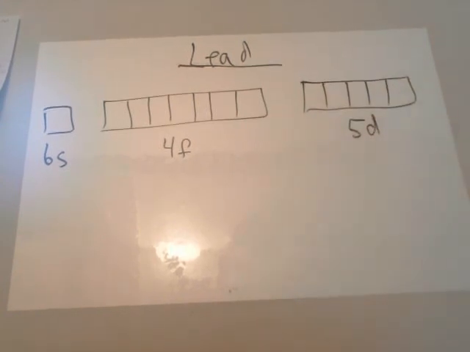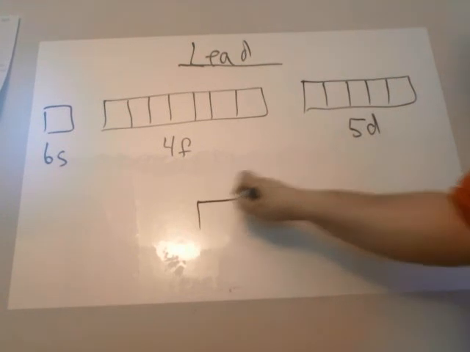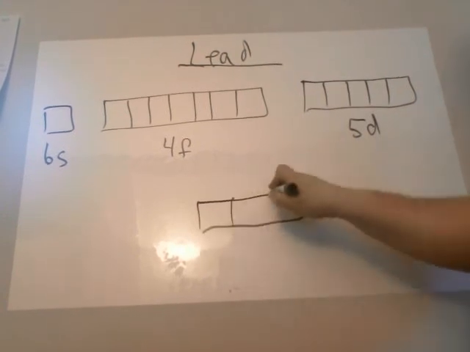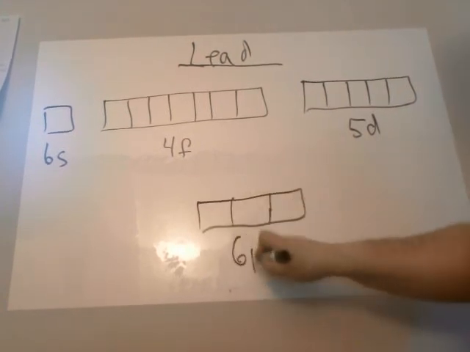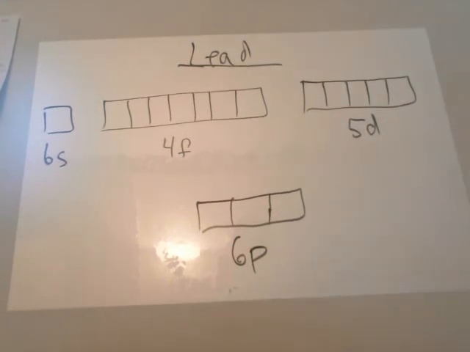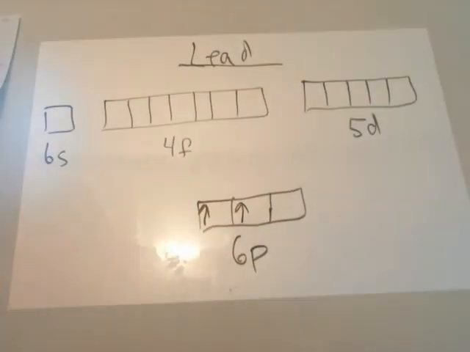Then I can jump up to the 5d. And I'm going to end with 6p. So, since lead is in 6p, I'm going to look and see that there are 2 electrons in the 6p orbital. So I place my 2 electrons in 6p, and that means all the other orbitals before it are full.